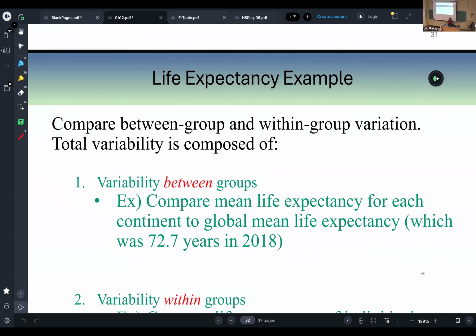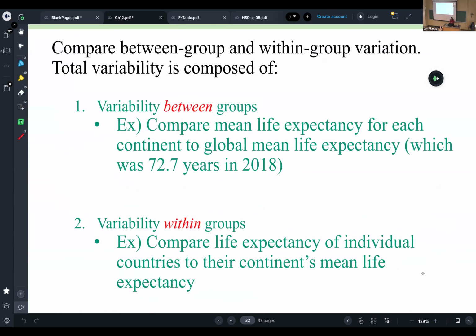So we just run the test, we're checking between the groups. That's the variability. We compare the life expectancy for each continent to a global mean life expectancy, which was 72.7 years in 2018. I believe it's now close to 73, or maybe it's hit 73 globally. Variability within the groups, that's when we compare life expectancy of individual countries to their continent's mean life expectancy.